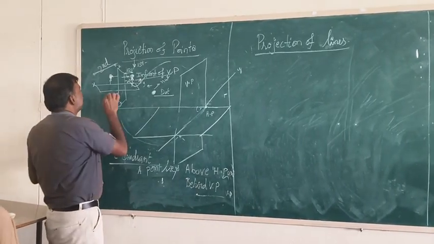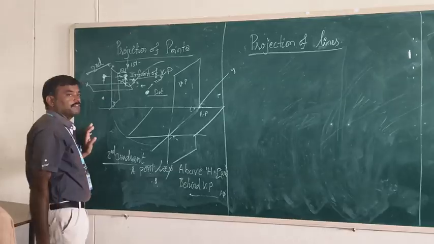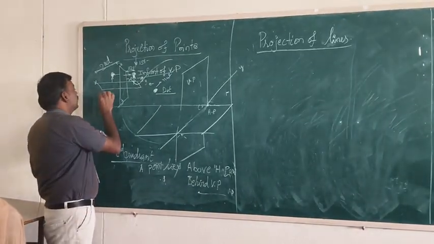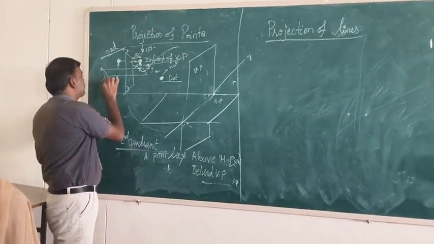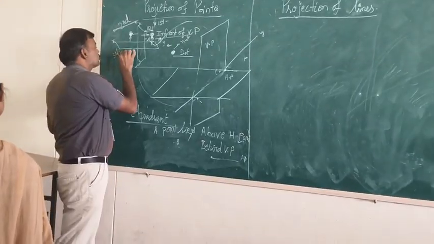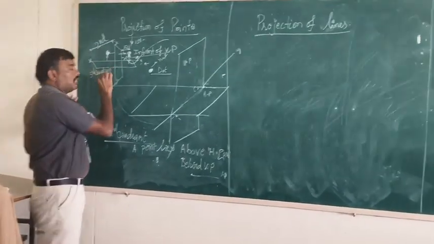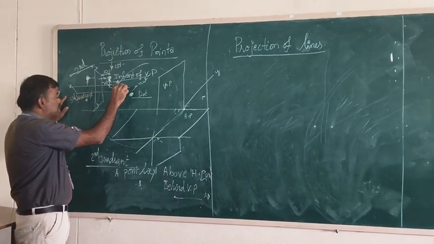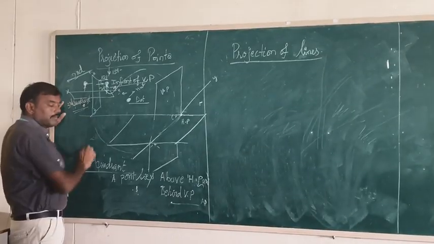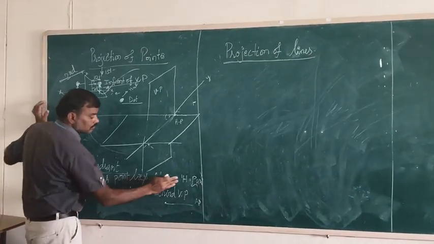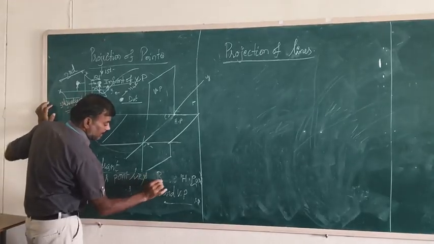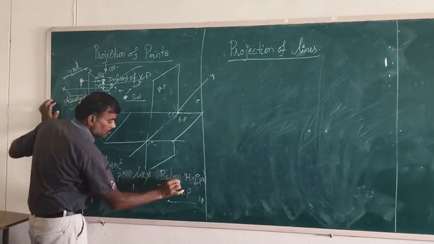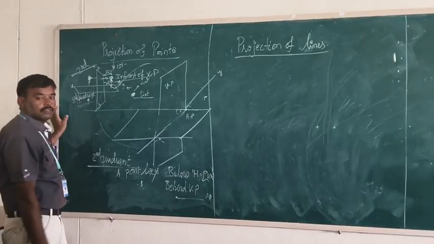Next, the dot or point is shifted into the third angle projection, the third quadrant. Again I state the same: the observer stays as in first angle projection. So what is the condition statement? Very good: below HP, behind VP.